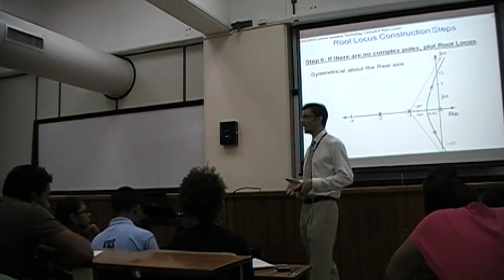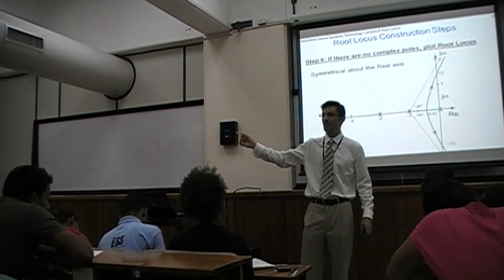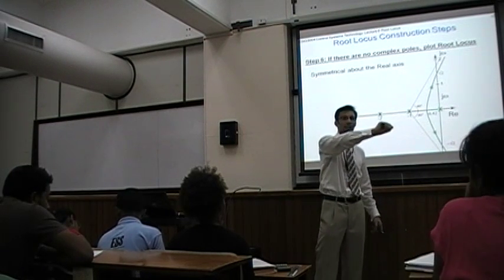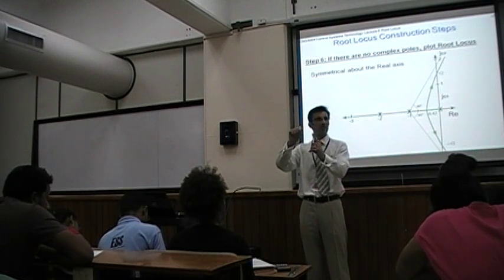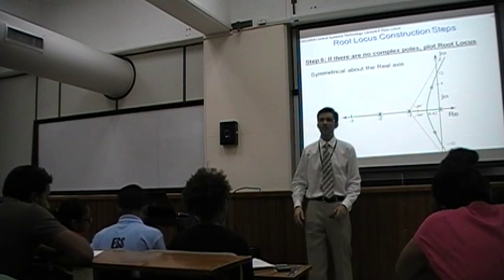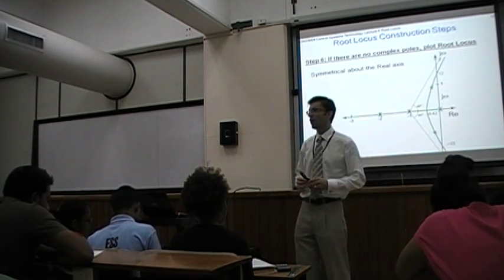If there's an even number, you're off a locus. So you can track across from the positive side of your real axis. If you cross a pole, pick up a locus. Cross another pole, drop the locus. Cross a zero, pick up a locus, etc. So it's pretty easy to see where the locus lies on the real axis.